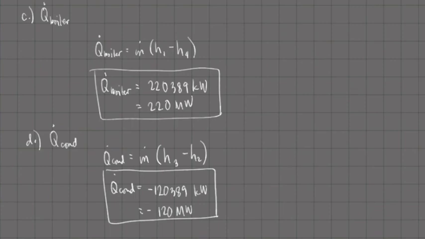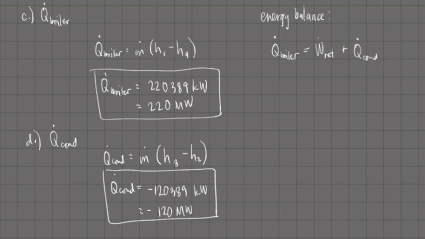To check our answers, let us perform an energy balance. The energy balance for the system is simply all of the energy coming in is equal to all of the energy coming out. This time, it will be helpful if we simply get all of the absolute values of the energies involved. We can write our energy balance as the rate of heat addition in the boiler is equal to the rate of power generation, that is net, plus the rate of heat rejection in the condenser.